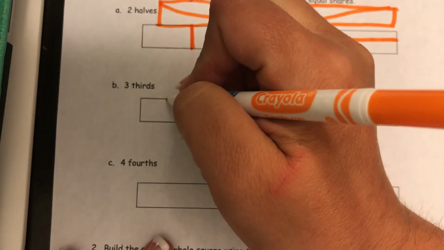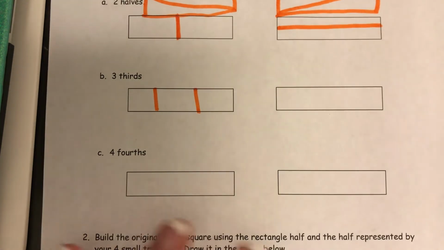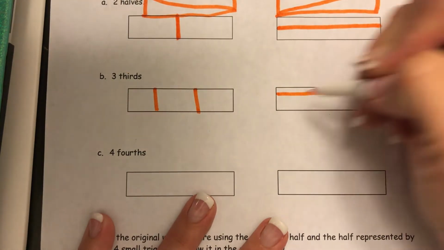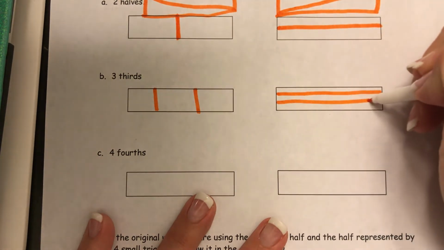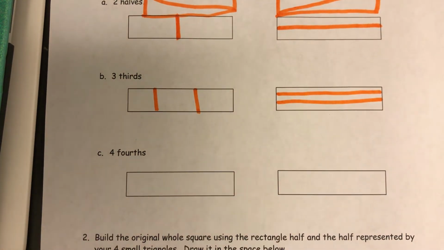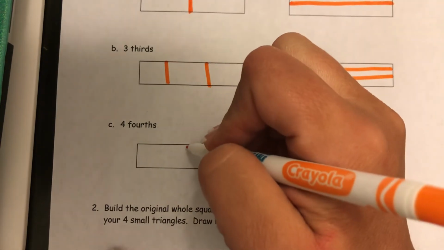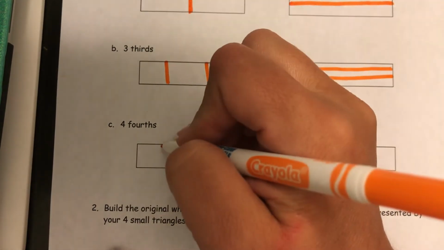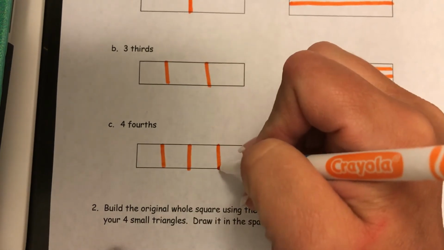In thirds, okay. Remember, in thirds, you only draw 2 lines. Okay. In fourths, remember, you can half the rectangle, then half the half, and then half the half over here.